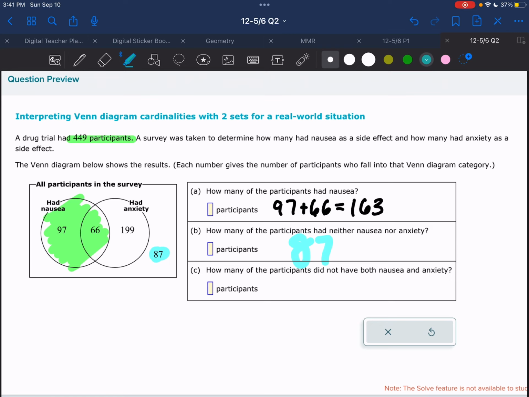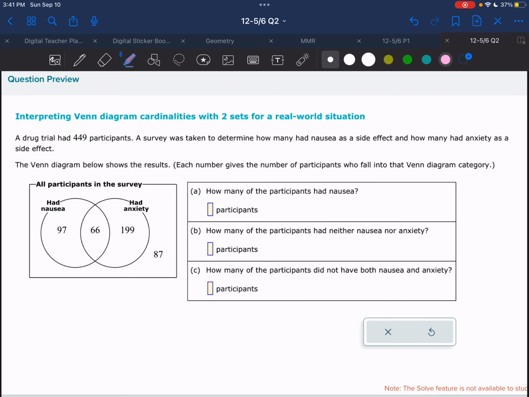And lastly, how many of the participants did not have both nausea and anxiety? So I'm looking for the people that didn't have both of them. I'm trying to find a color that will go over that pretty well. So I'm going to add that 97, 199, and this 87 here.